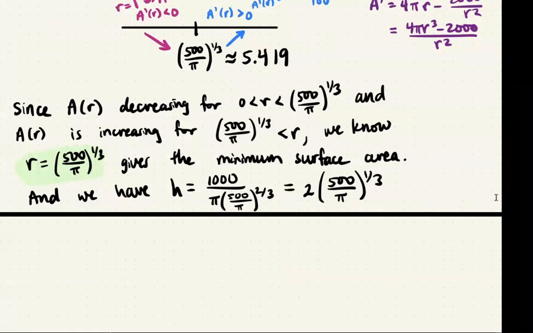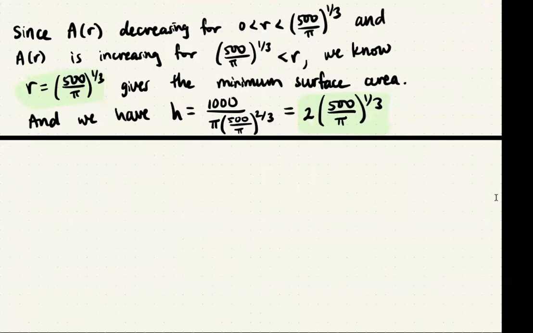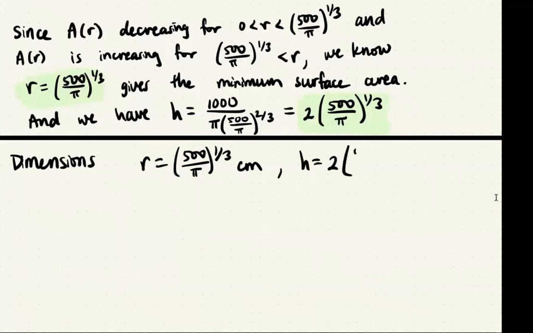And these would be our dimensions for our can. So let me give the dimensions with the units. The radius is 500 over pi to the 1/3 centimeters, and the height is 2 times 500 over pi to the 1/3 centimeters. And that's our answer.